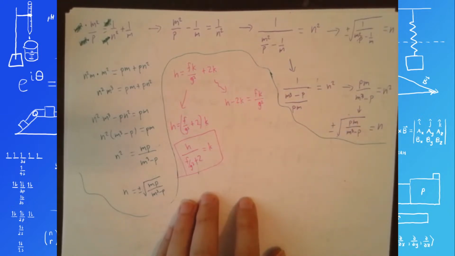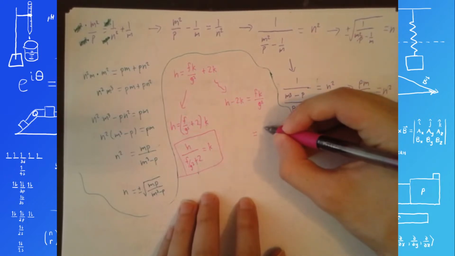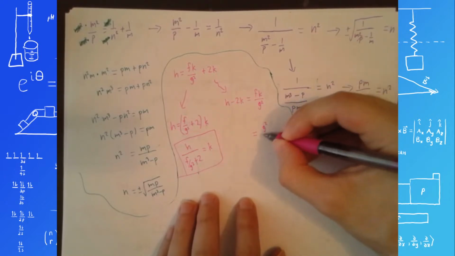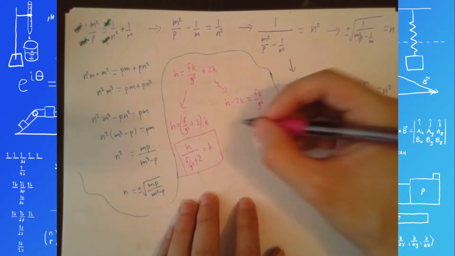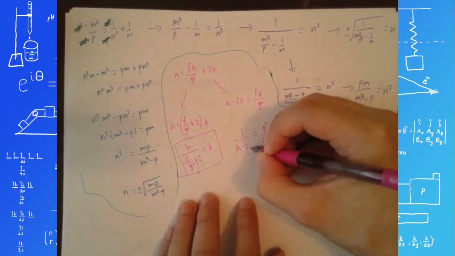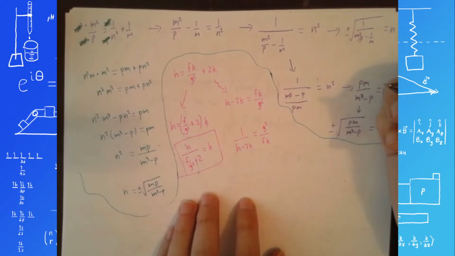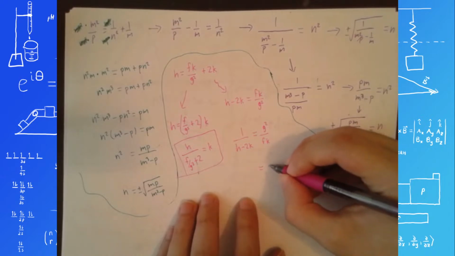Take the reciprocal of both sides. So that becomes g squared over fk equals 1 over the whole thing, 1 over h minus 2k. And then multiply by fk and take a square root and we're done.